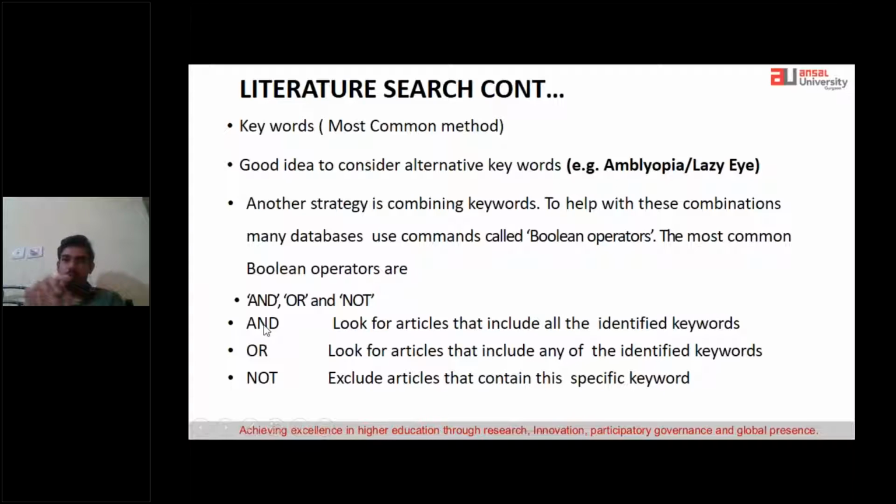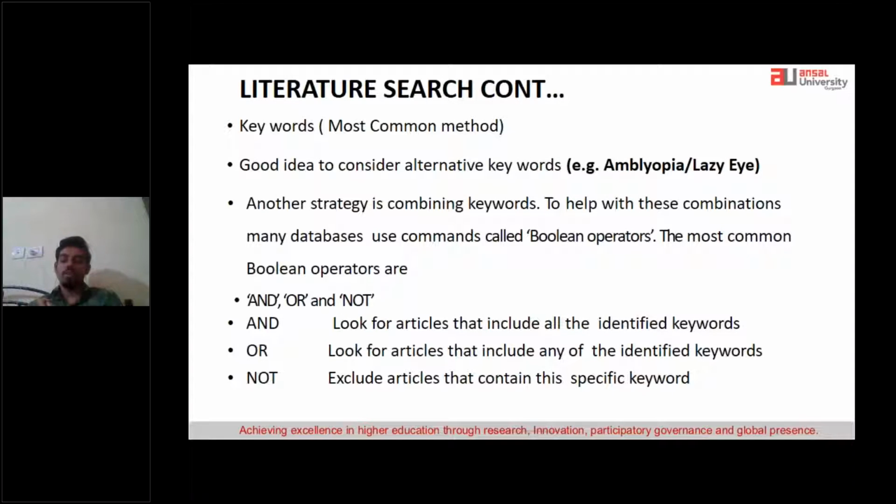If you put amblyopia AND Indian population and press enter, PubMed will show articles which involve both amblyopia and Indian population. So your criteria is very specific. You want articles related to amblyopia as well as the Indian population. You can also use OR. OR means either this or this. If you put amblyopia OR Indian population, it will give you articles which talk about either amblyopia or the Indian population.